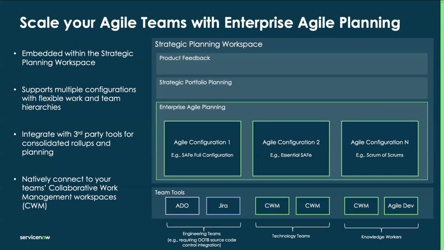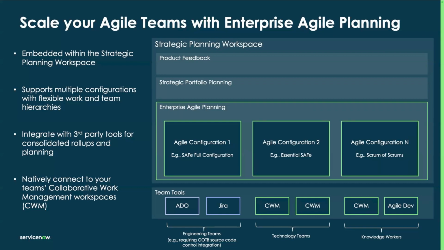Within EAP, as Fred mentioned, we wanted to keep it very flexible. So you do have the option to have multiple configurations, depending on your individual group's needs within your organization. And then EAP can be used individually, or it can connect to more granular team tools, such as ADO and Jira, which I will get into shortly, as well as our collaborative work management product, which has been released, but we're adding Agile functionality to it now.